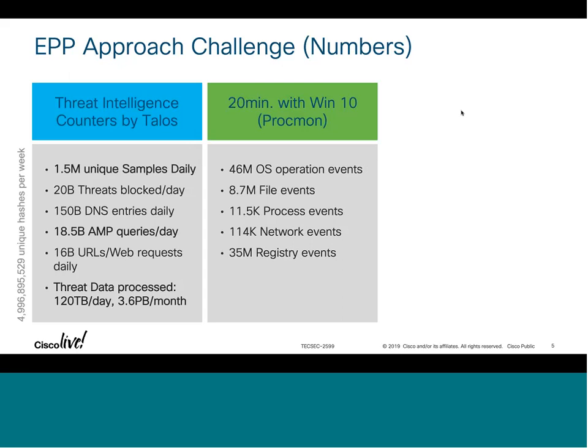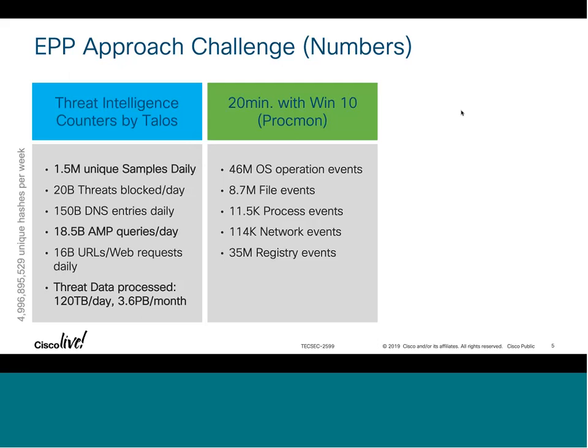What customers now expect is that a protection product on the endpoint, but also on web and email, is able to compare everything that happens on the endpoint with all the information a security company has in their backend.